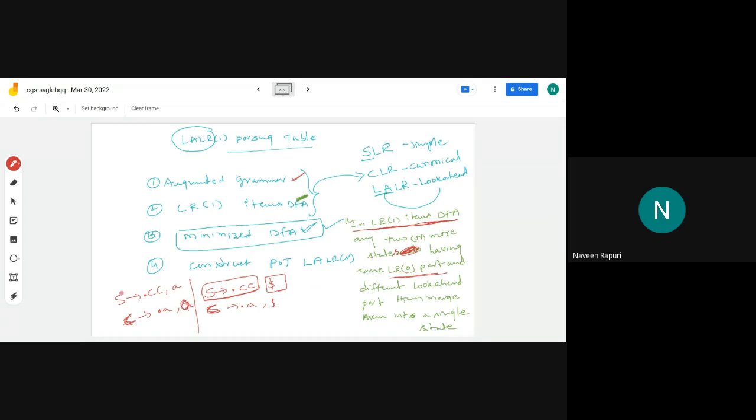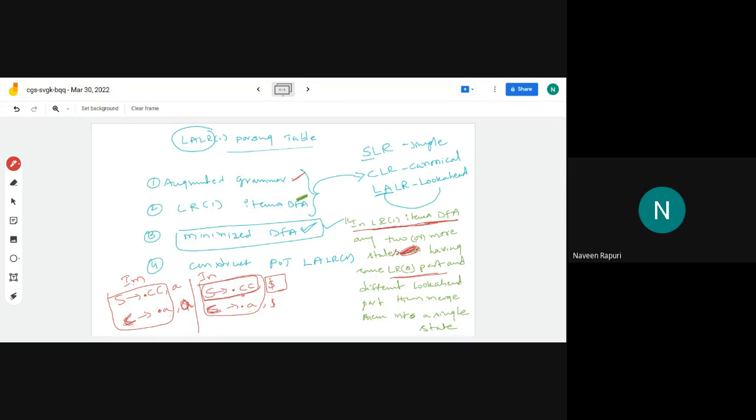Suppose if you see here, this part is the same here and here. This is I M, this is I N. This is one state and this is another state. For these two states, the LR0 part is the same: S derives dot CC, S derives dot CC, C derives dot a, C derives dot a.